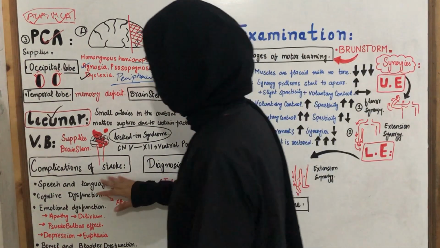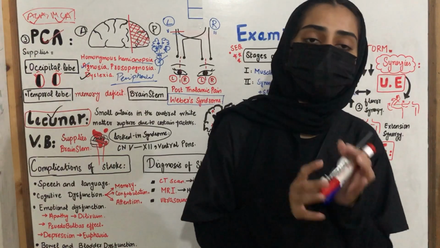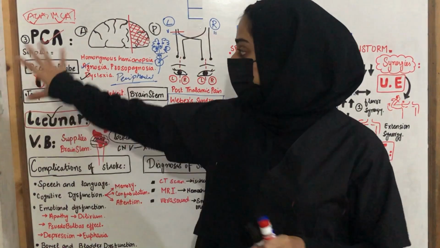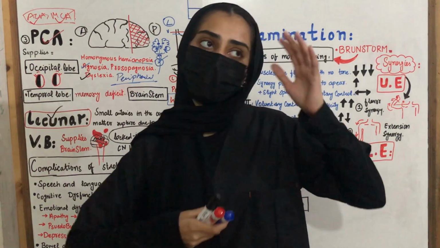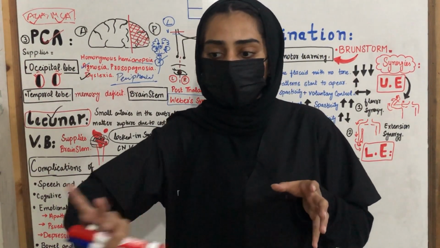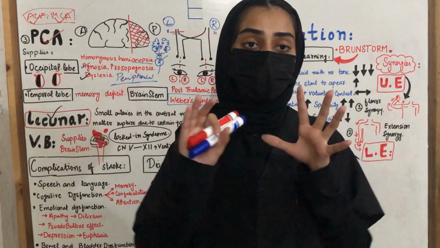Now the complications of stroke. You have already discussed every little detail in these syndromes. Now think that we had a patient with stroke, and all the medical facilities were given to save the patient.